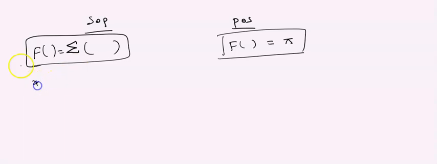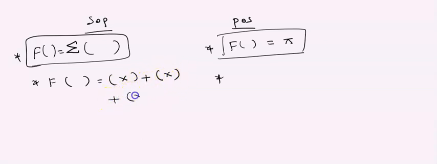And one more logic you need to remember to identify whether the given problem is SOP or POS. In SOP, sum of products, they will give you multiplication terms: multiplication of terms plus multiplication of terms plus multiplication of terms.